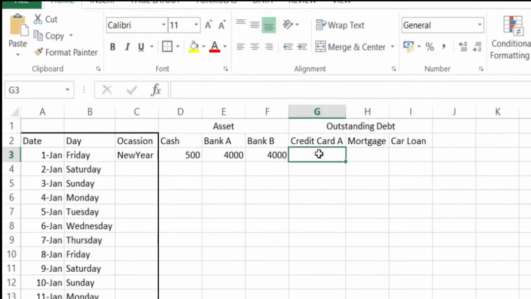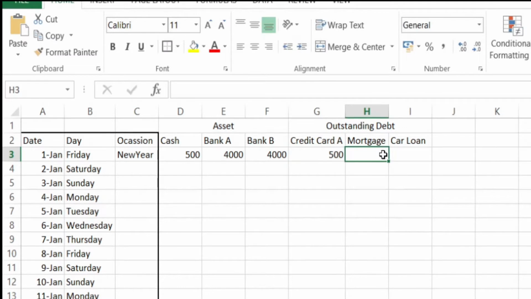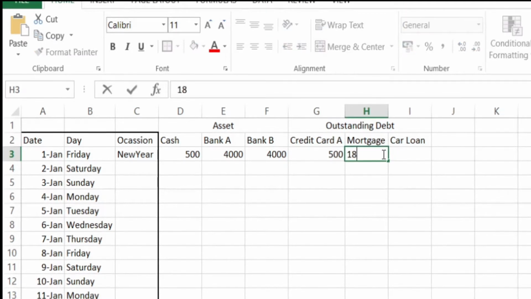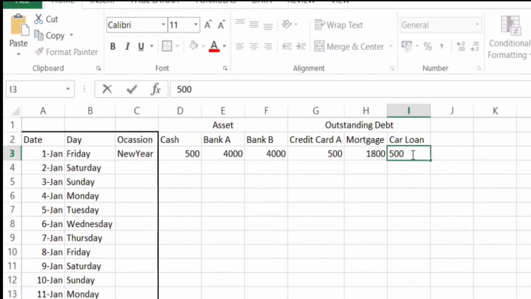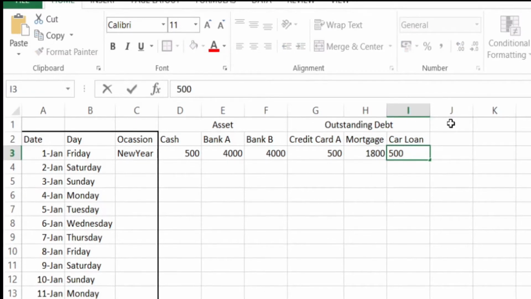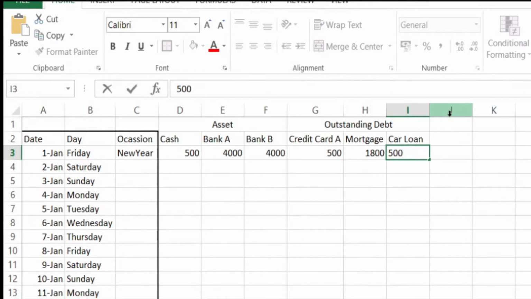For example, credit card A I have 500, the mortgage is around 180,000, and for the car loan I need to pay 500 monthly.